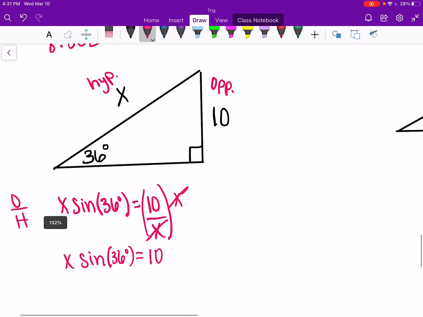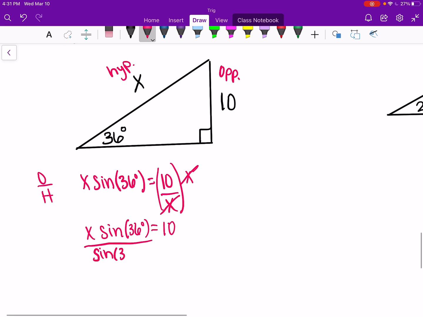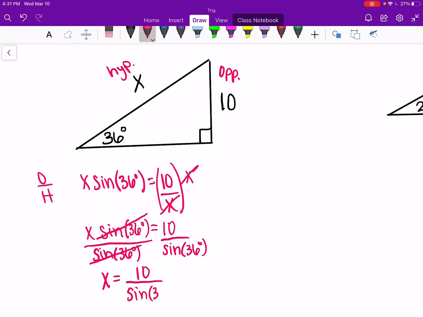I'm still trying to solve for x. So I need to divide both sides by the sine of 36 degrees. So the sine of 36 degrees on the top and the bottom cancel. So I'm left with x is equal to 10 divided by the sine of 36 degrees.